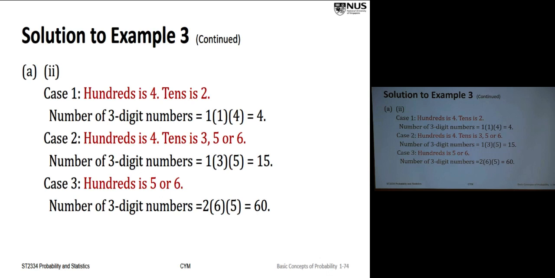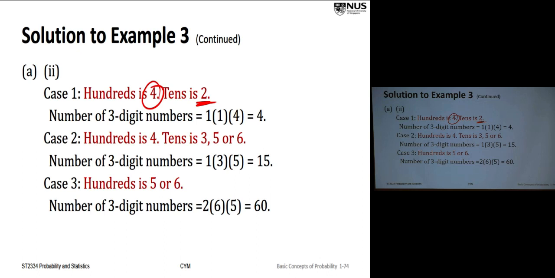All right. Okay? So we consider 4. And then suppose it's a 2. Then once you fill up the hundreds and the tens place, we are left with only 1 digit to fill up. So that is the number of ways that we can fill up a number, which is 4, 2, and then any digit taken from the remaining digits.